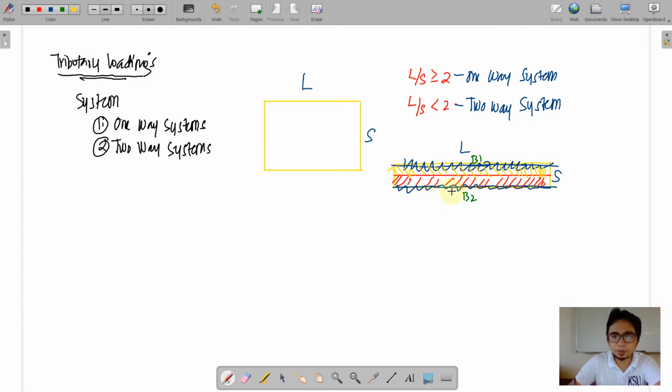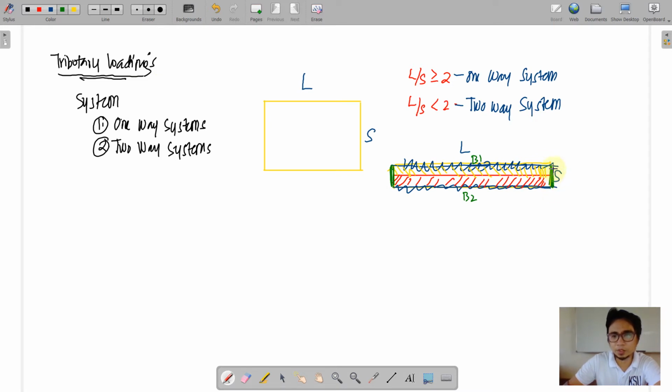In short, along the longitudinal direction or the longer span direction, the tributary area will just be equally divided to the adjacent beams along the long direction. If you ask me, what about the beam on this edge?